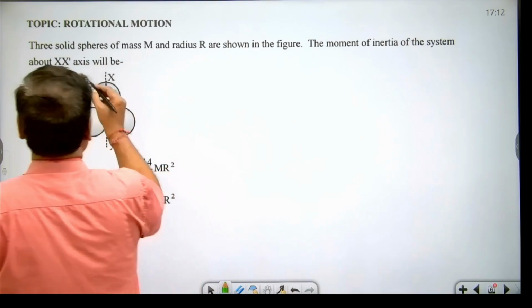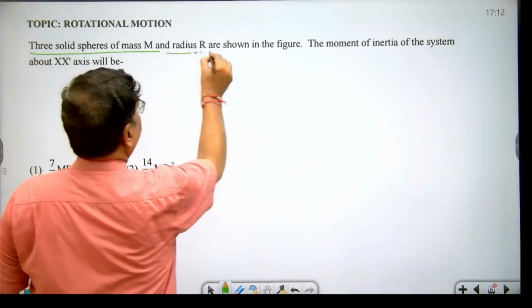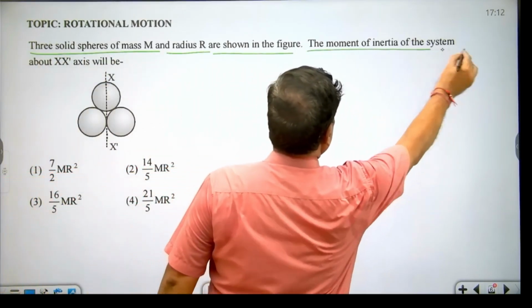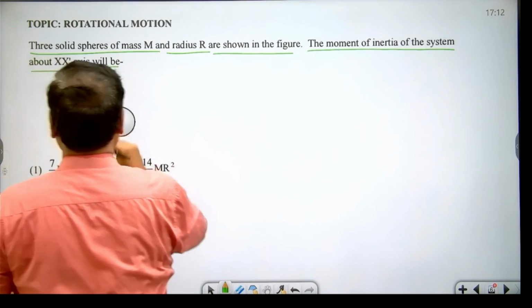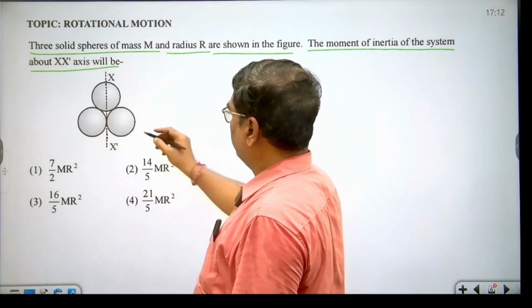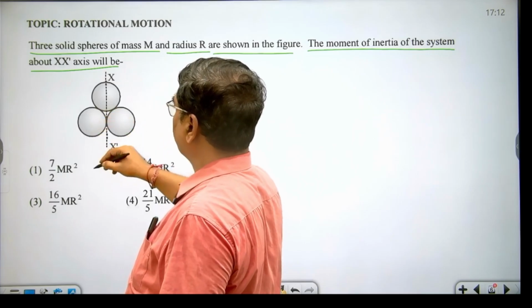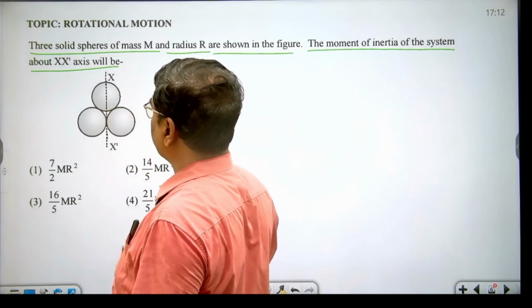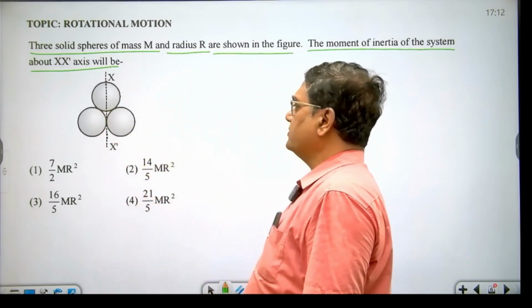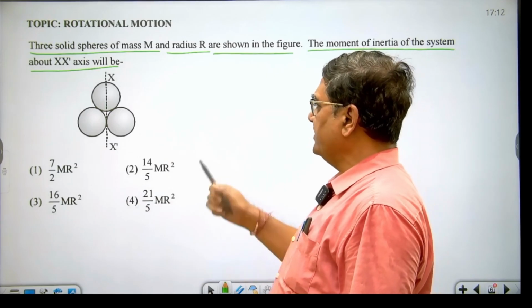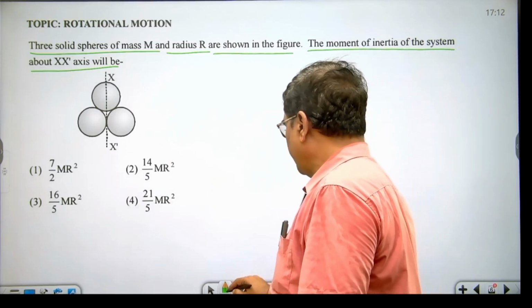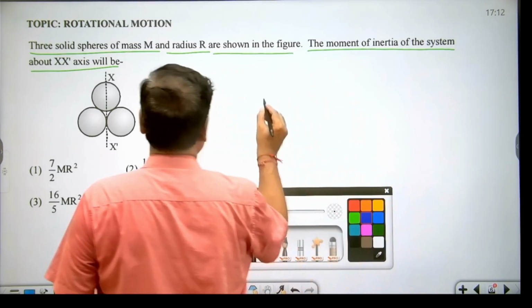3 solid spheres of mass m and radius r are shown in the figure. The moment of inertia of the system about x dash axis. Dear student, for this sphere, this is tangential axis. For this sphere, this is also tangential axis. And for this sphere, axis passing through center of mass. Moment of inertia of solid sphere is 2 upon 5 mr square. About tangential axis, this is 2 upon 5 mr square plus mr square, means 7 upon 5 mr square.